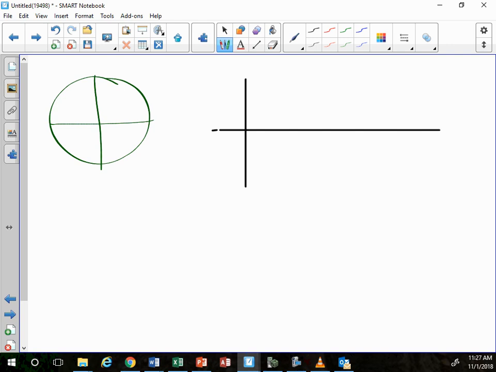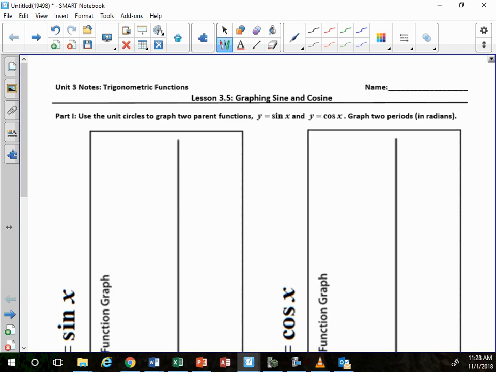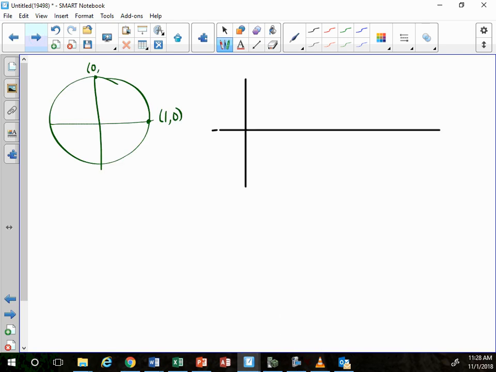Okay, guys, let's look at our circle here. We know this point, what this is in your package. All right, we know that stuff, right?